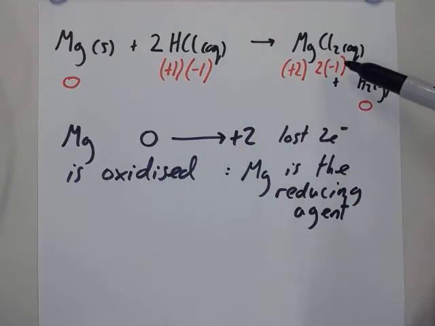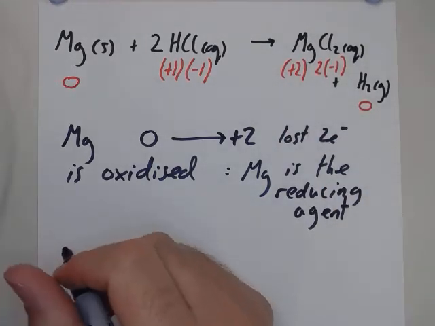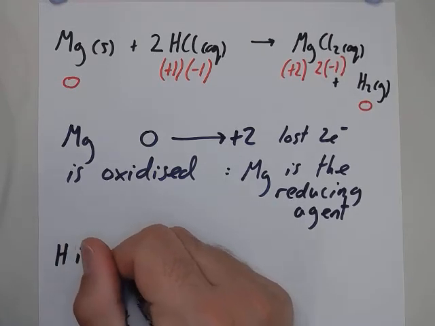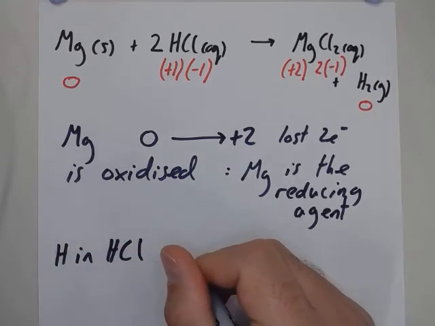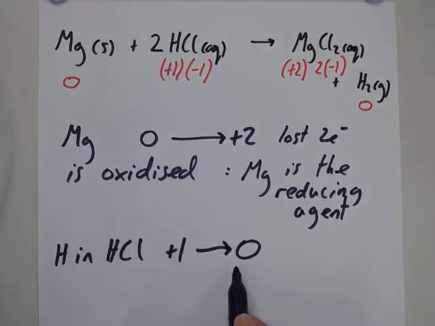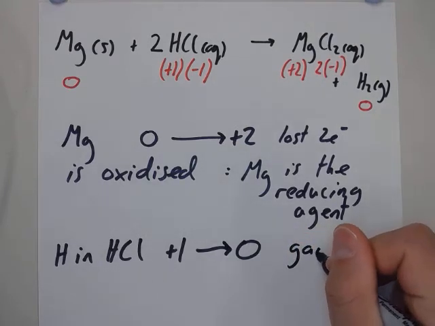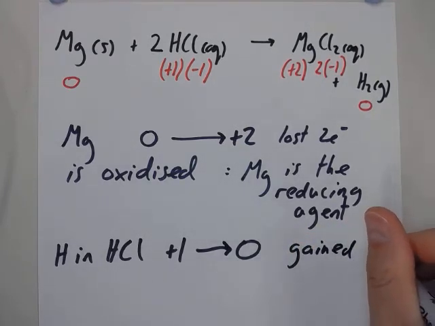The chlorine is -1 on both sides, we can ignore that. Okay, it's not -2 here, it's what each chlorine is, that's important. The hydrogen's gone from +1 to 0. So H in HCl has gone from +1 to 0. That's getting more negative. It's gained 1 electron. Each hydrogen has gained 1 electron.